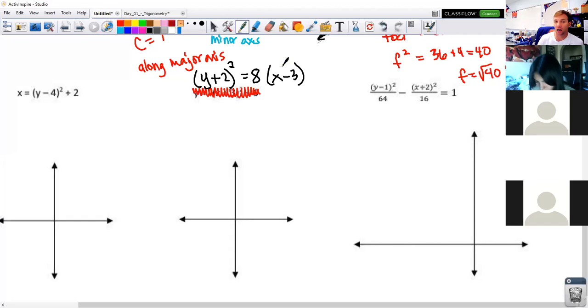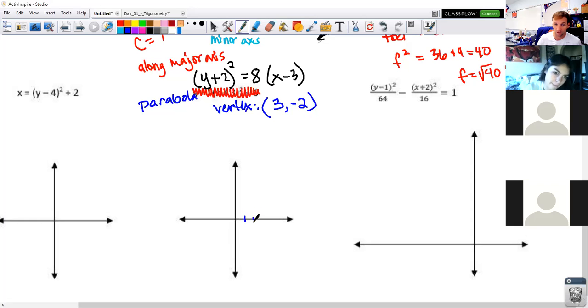So when we're graphing our parabola, and this one's a parabola, it only has one squared thing, so it's definitely a parabola. We have to first identify the vertex. The x-coordinate comes from the x parentheses, so positive 3, and the y-coordinate comes from the y parentheses, so negative 2. So our vertex is going to be here at positive 3, negative 2.